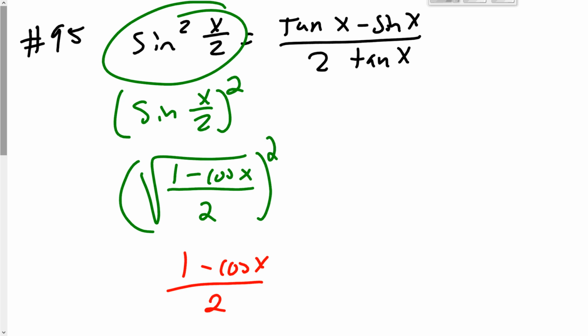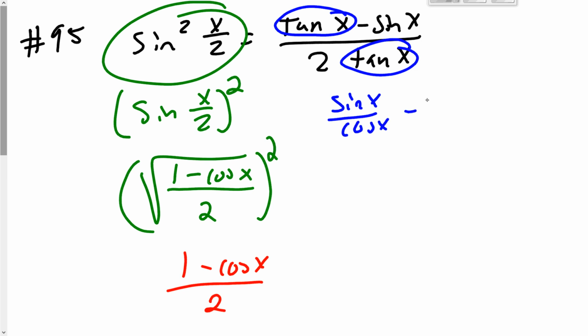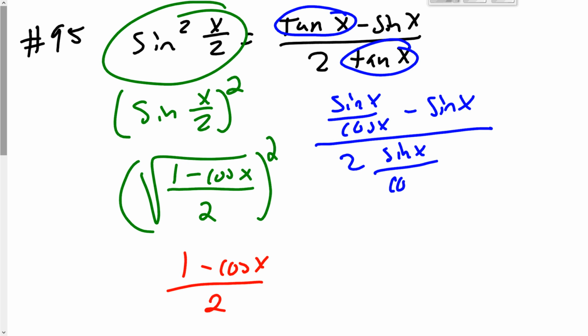So I'm going to start manipulating the right side. I don't know quite what to do here, so whenever you don't know what to do, always turn everything into sine and cosine. I'll take tan of x and rewrite it as sine of x over cosine of x, subtracting sine of x, divided by 2 times tangent, which is sine of x over cosine of x. Now, dividing by a fraction means multiplying by the reciprocal.